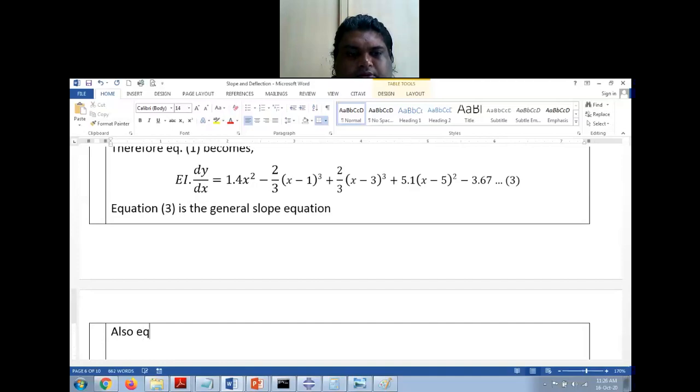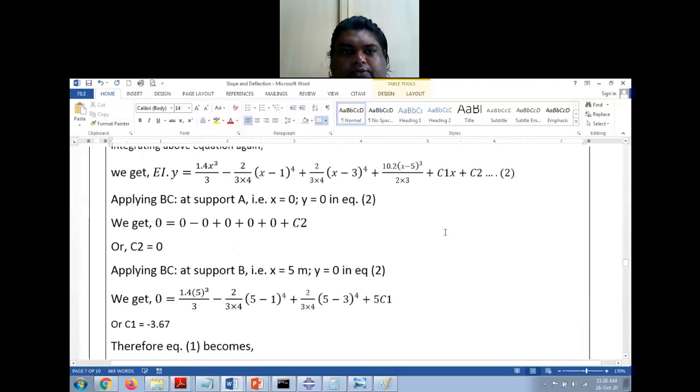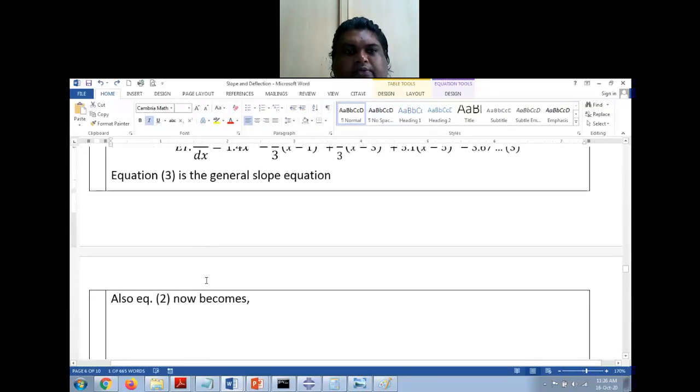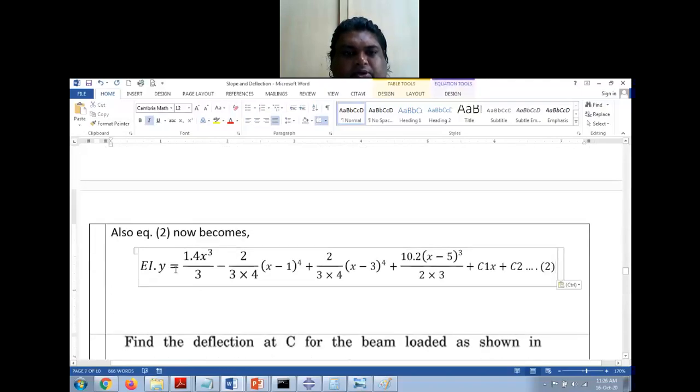Also equation 2 now becomes, what is equation 2? It is this. So basically I'm substituting the value of C1 and C2, and I'm just simplifying few terms that can be easily written.